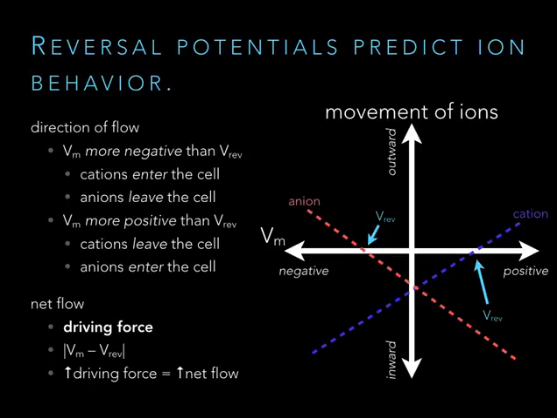You can tell which direction ions are going to flow. If the membrane potential is more negative than the reversal potential, the membrane potential is shown on the x-axis, and the movement of ions is on the y-axis there. If we're more negative than the reversal potential, then cations are going to enter the cell, because it's a negative charge.